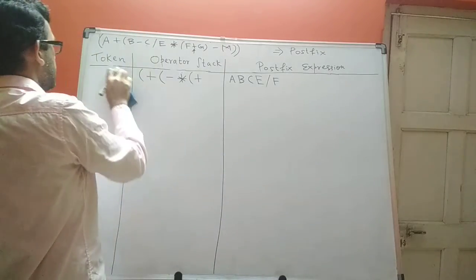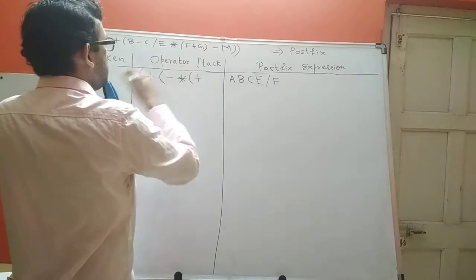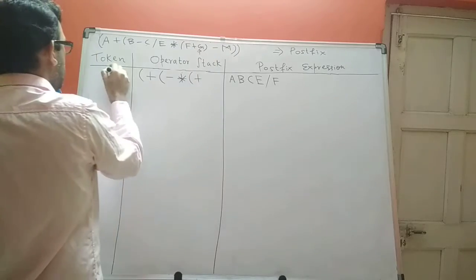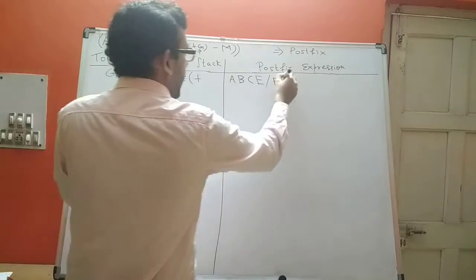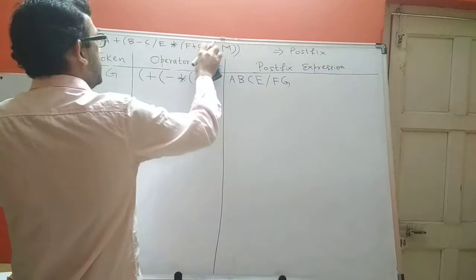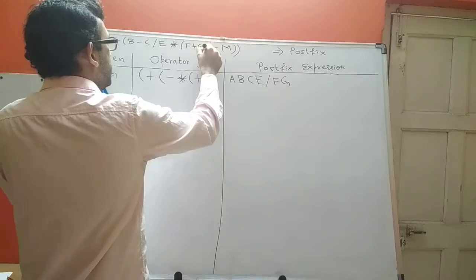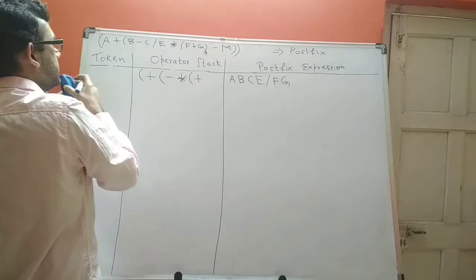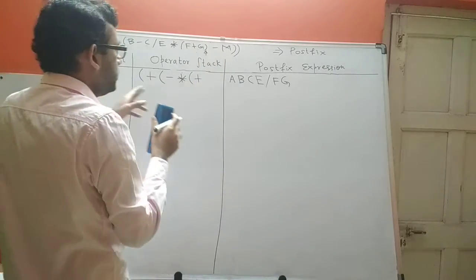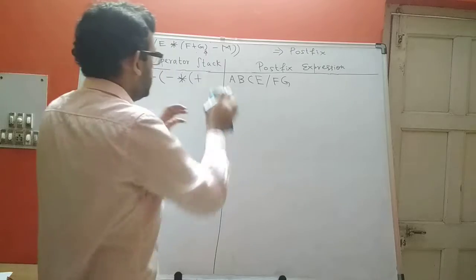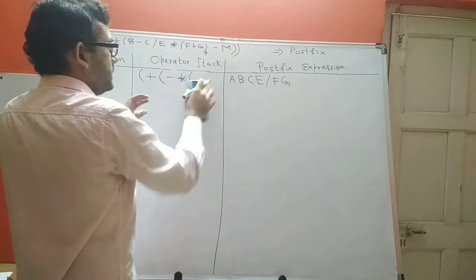Now after plus you get G. G is your operand, so you add it to the output. Next you have a closing parentheses. So your current token is closing parentheses. You keep on popping from the stack till you encounter an opening parentheses. So I keep on popping.